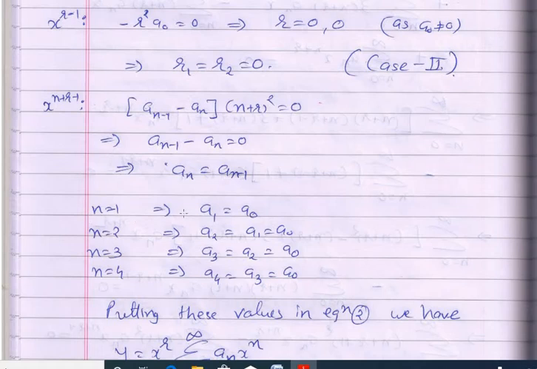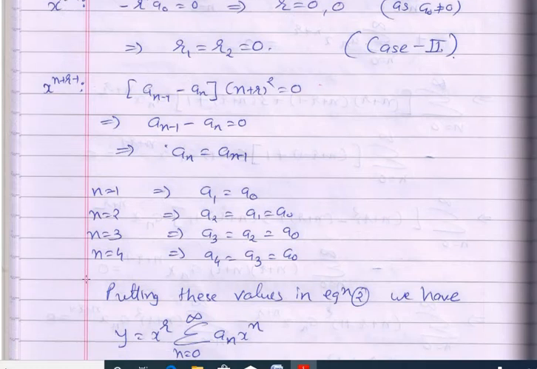Now n is equal to 1, then you will have a1 is equal to a0, n is 2, then a2 is equal to a1, but a1 is a0, that will give you a2 is equal to a0. Same manner, n is equal to 3, then a3 is equal to a2 is equal to a0. Same manner, for n is equal to 4, you will have a4 is equal to a0.